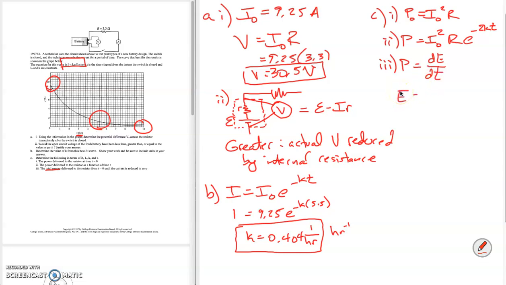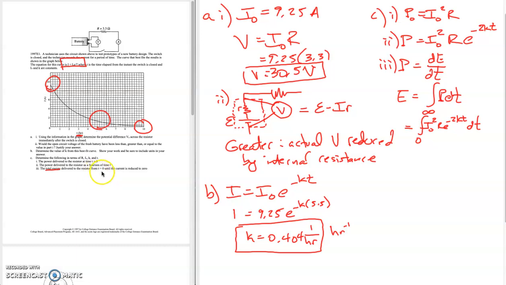So energy is going to be the integral of power, and that's power, not momentum, so we should probably make this be a capital P for all of these, dt. So what's the power? Here's our expression for power. That's why they had us do C part 2 first, so that we could just take this whole thing and plug it in there for power. And we're going to go from 0 to infinity. We'll have I naught squared R e to the minus 2kt dt.